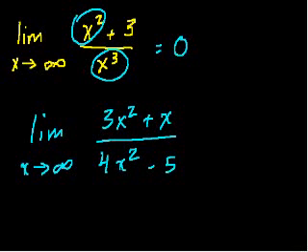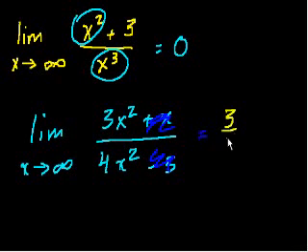Well, as you get really large values of x, these small terms, the ones that don't grow as fast as these large terms, kind of don't matter anymore, right? Because you're getting really large values of x. And in this case, these don't matter anymore, and then these two x squared terms grow at the same pace, right? And they'll always be kind of growing in this ratio of 3 to 4. So the limit here is actually that easy.